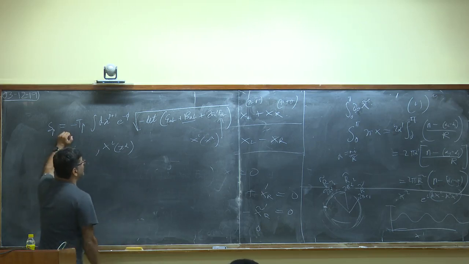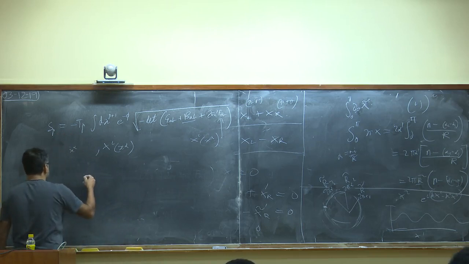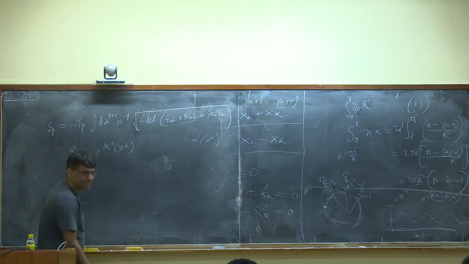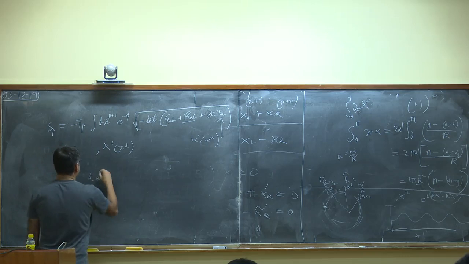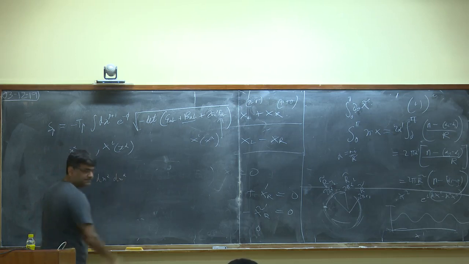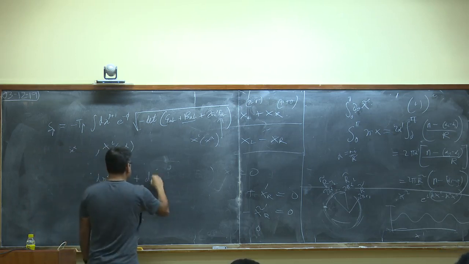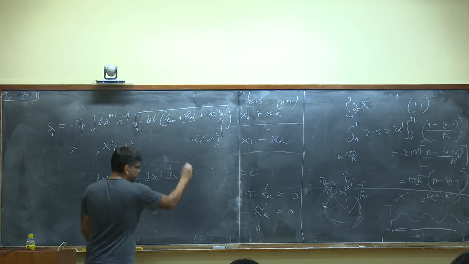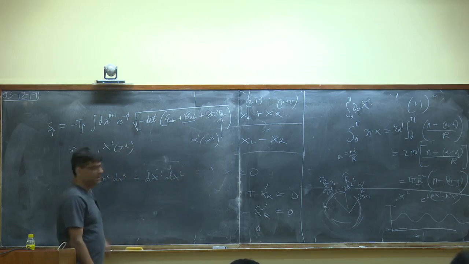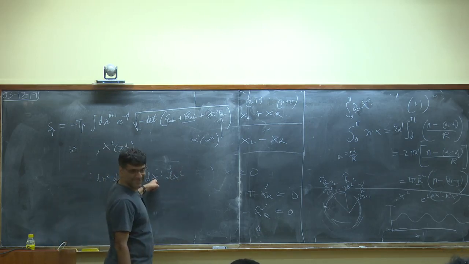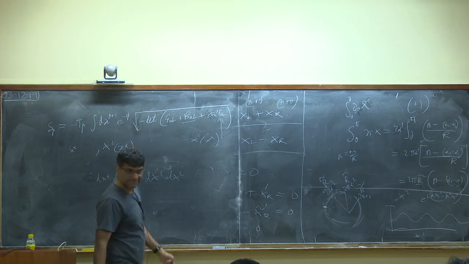What's the determinant of G alpha beta? Well, first, what's G alpha beta? The metric in space-time was dx alpha squared plus dxi squared. Now we just put in that xi was xi of x alpha.